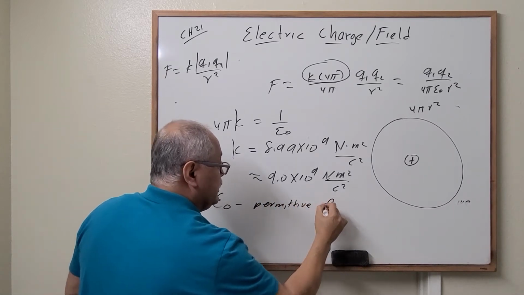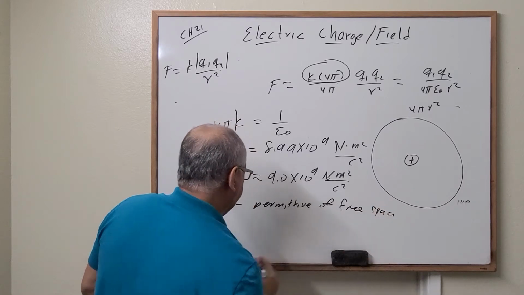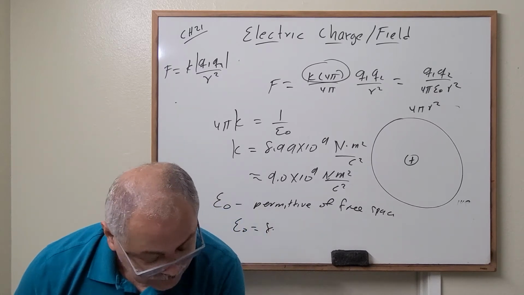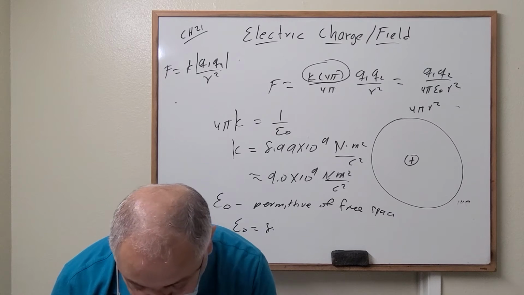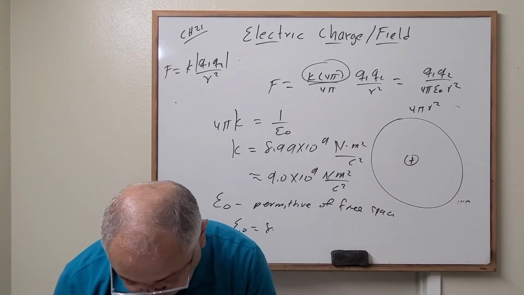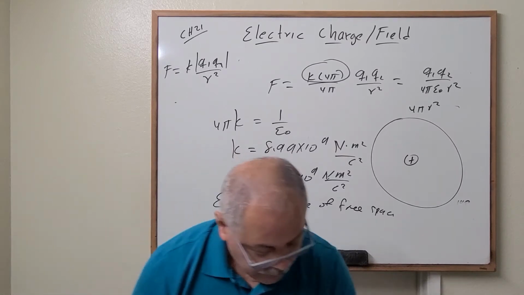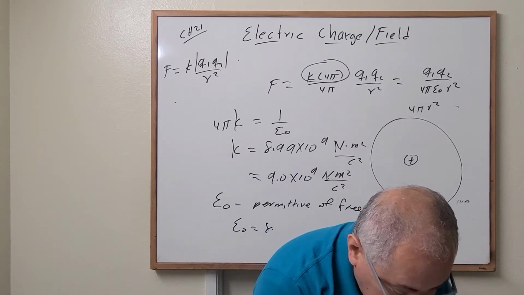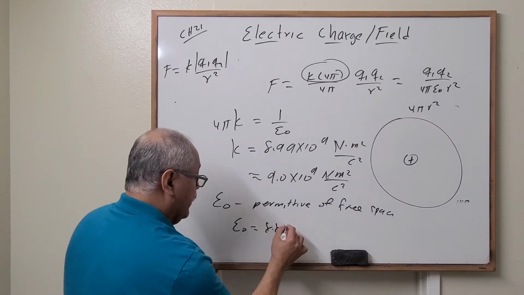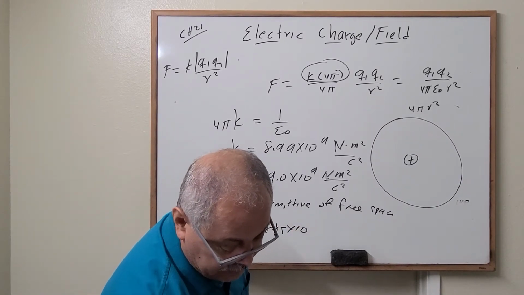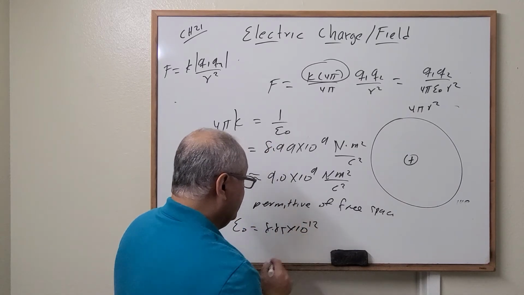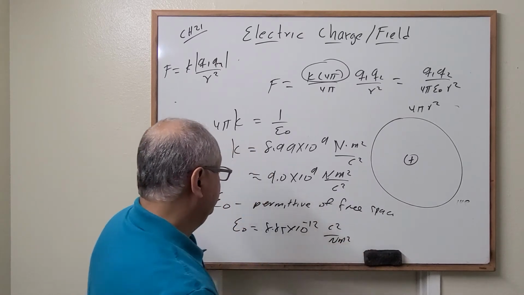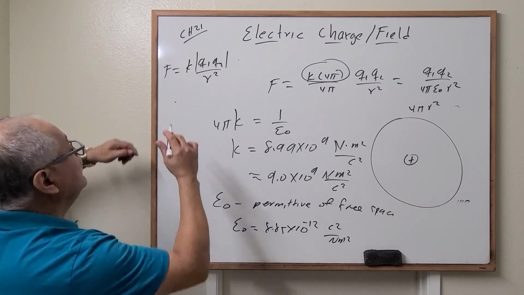The magnitude of this quantity is 8.85 times 10 to the negative 12, and the units are the inverse of K, so that is C squared over newton meters squared.